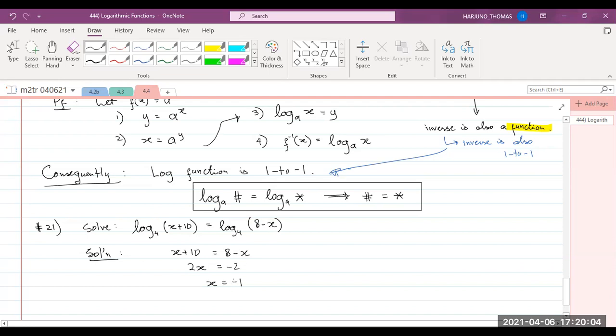But before we are done with this, you need to do some visual check. You need to check, at least visually, that when you plug that into each argument, the result is still positive. So make sure this x always gives a positive argument.